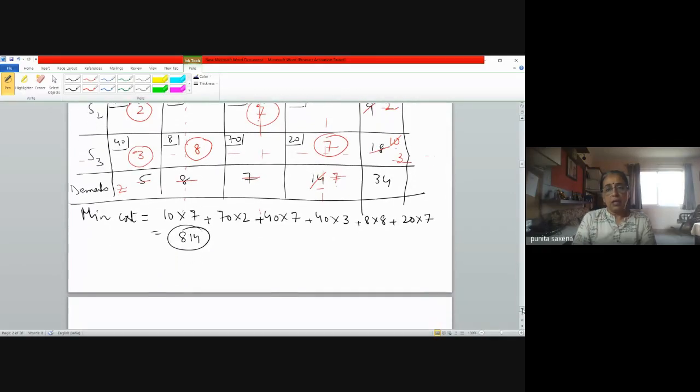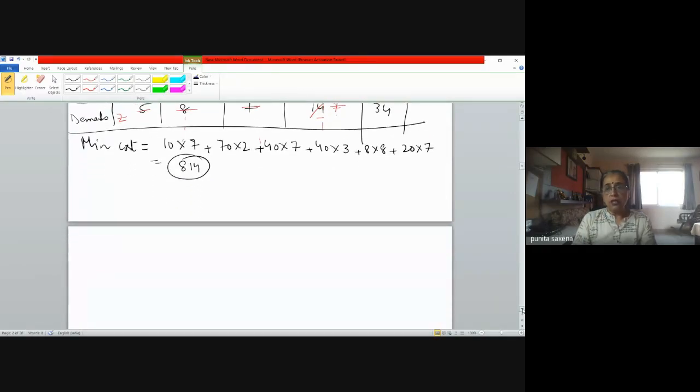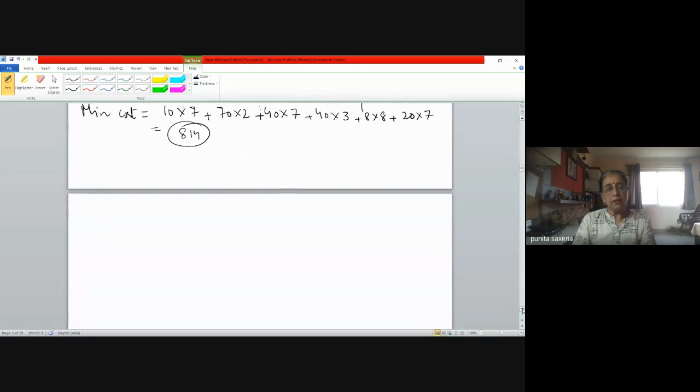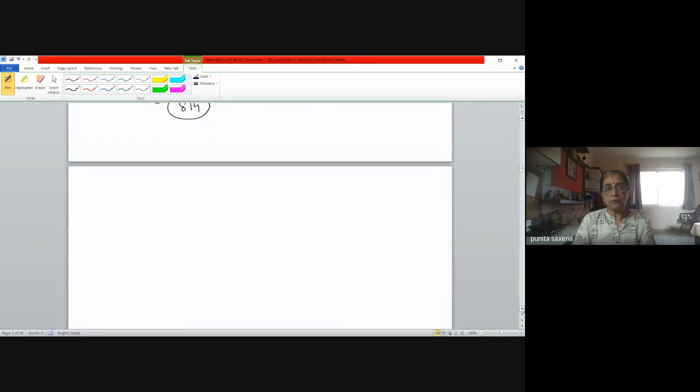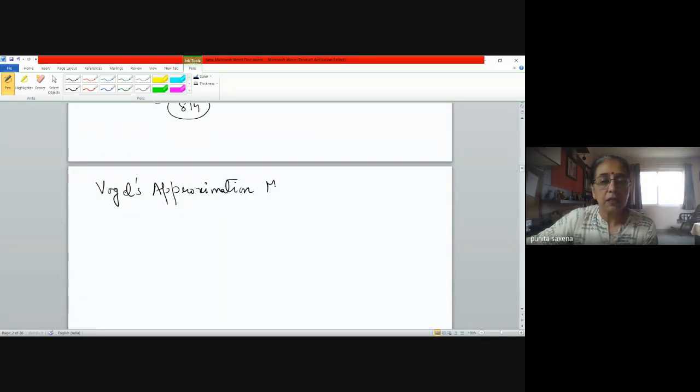Now, Vogel came up with another method. He said, why just consider cost alone? In fact, though we call it Vogel's approximation method, some books also call it the penalty method.